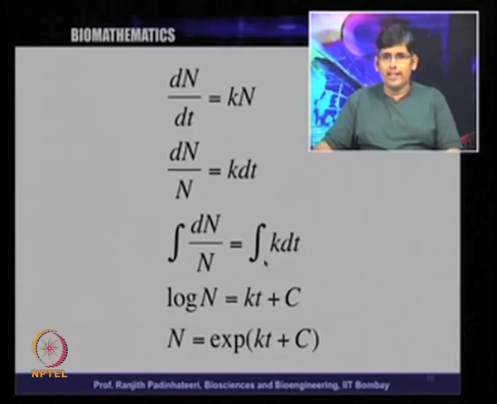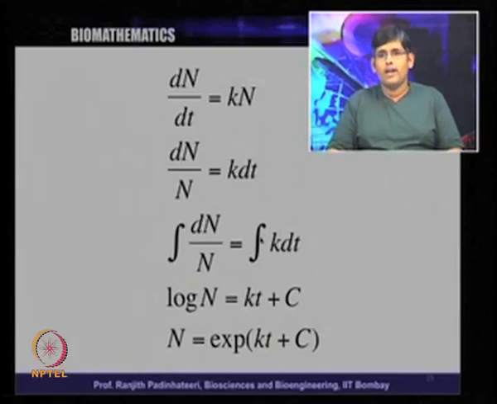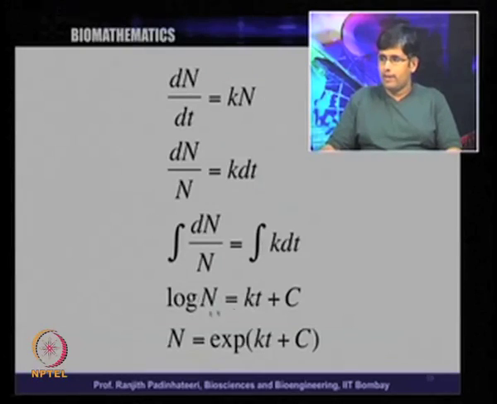Now, what is the integral of dn by n? So, as we studied before, the integral of dn by n is log n, or we also studied the derivative of log n is 1 over n. So, the integral of dn by n is log n, and the integral of k dt, since k is a constant, is k t plus a constant of integration, k t plus c.